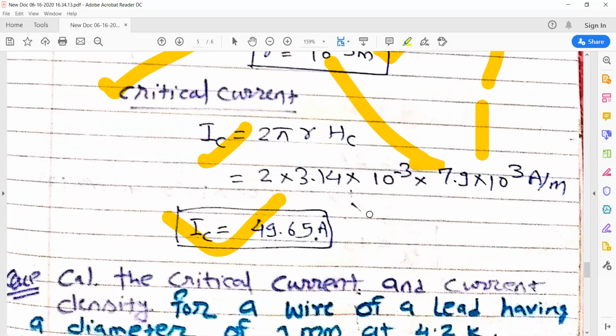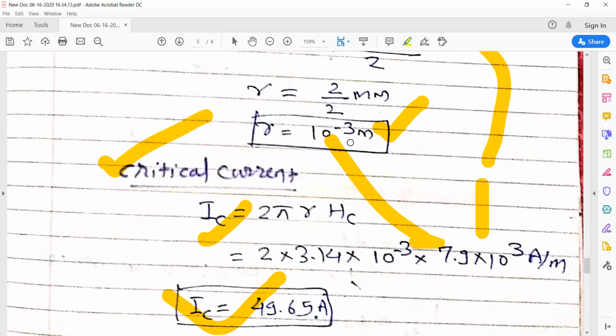We already saw in the last lectures that three parameters affect the superconducting state. First is temperature, the critical temperature TC. Second is the critical current IC, and another is the magnetic field HC.